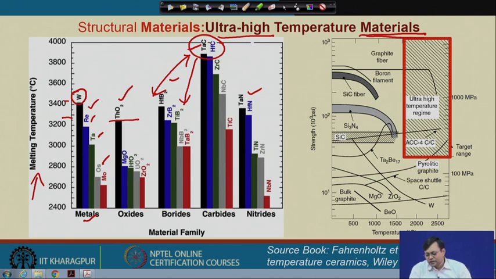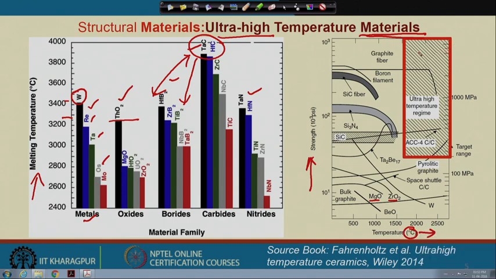Similarly, I show you here the strength versus temperature plot. Here the temperature is given in centigrade, where magnesium oxide or zirconium oxide may withstand this range of strength and temperature level, something up to 1500, but to get ultra high temperature application, we need to develop material in this domain.